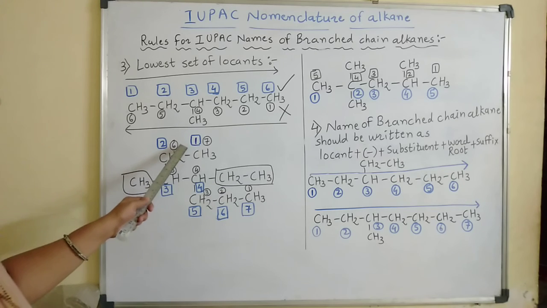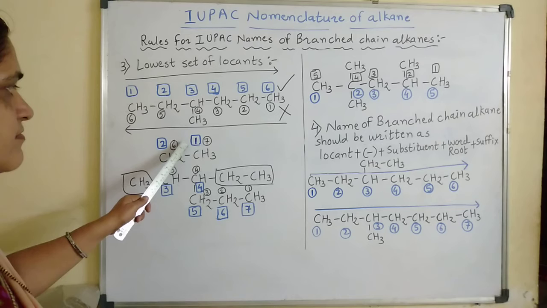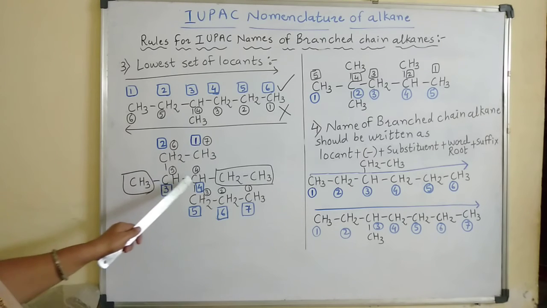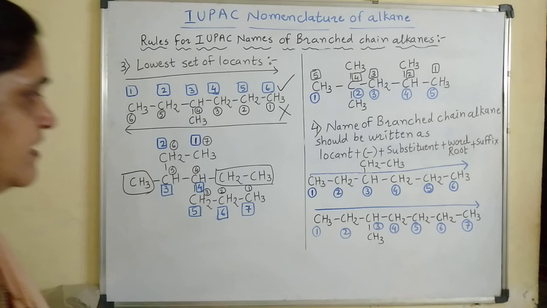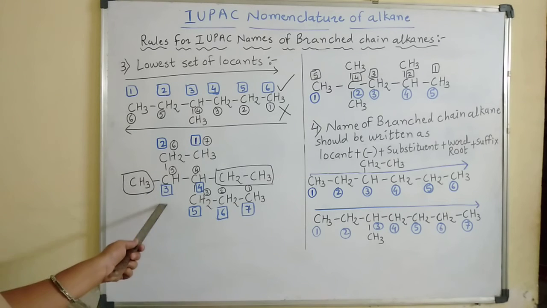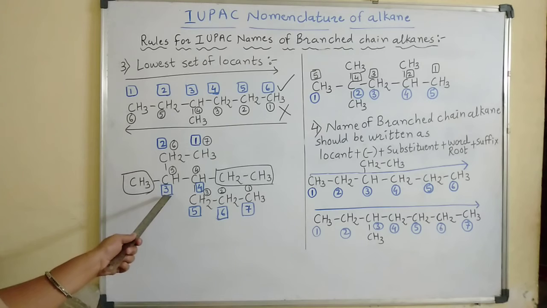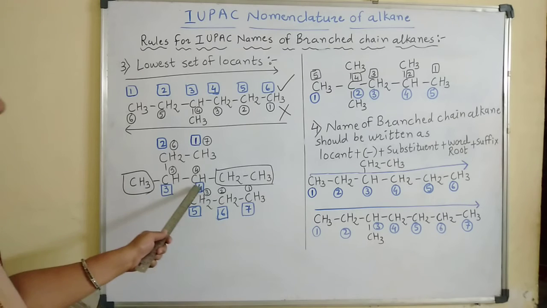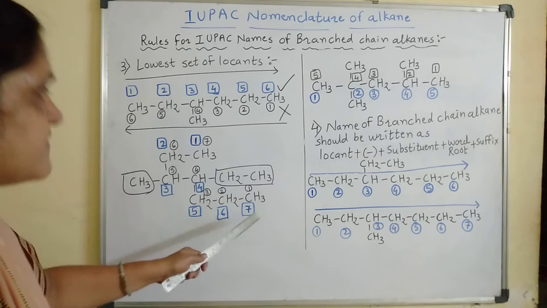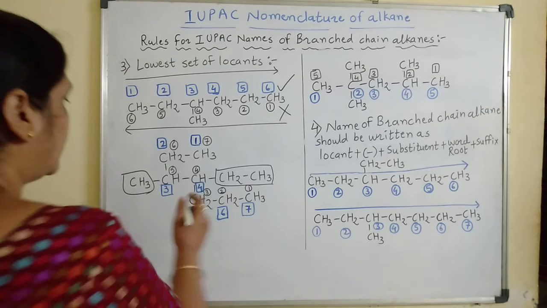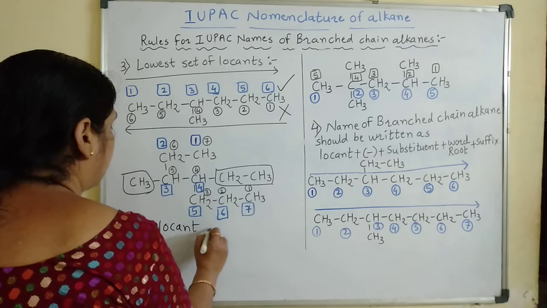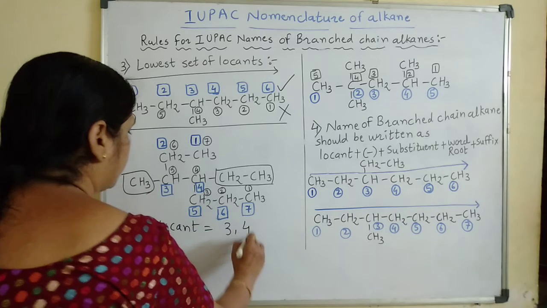Now just focus on these blue color numbers which I have given, 1, 2, 3, 4, 5, 6 and 7. If the numbering is done in this way, then you will find that carbon number 3 is carrying a substituent and carbon number 4 is carrying a substituent. So by using this numbering method, you are getting the locants for the substituent-carrying carbons, that is 3, 4.